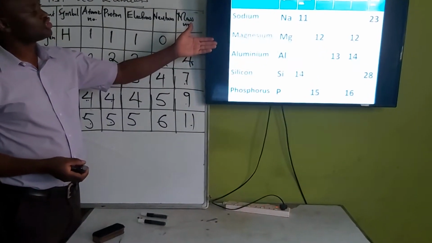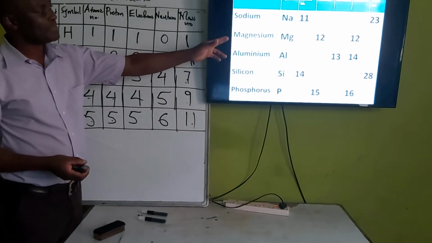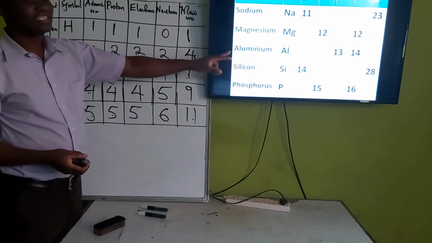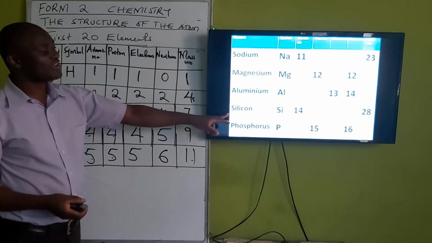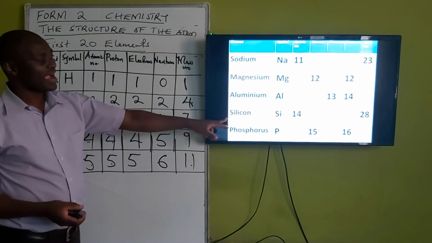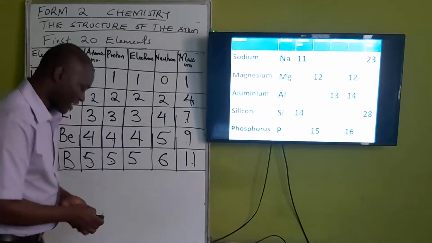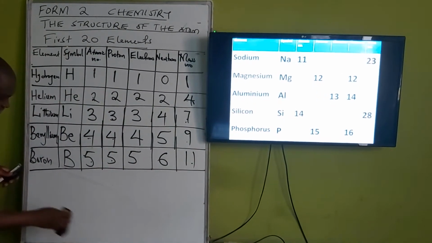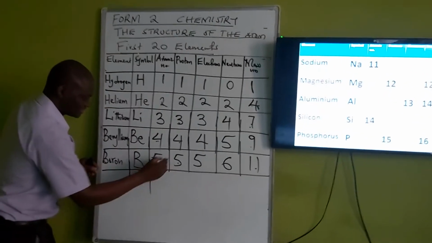Then on this page, you can fill in sodium, which is number 11, magnesium number 12, aluminium number 13, silicon number 14, phosphorus number 15. Okay, let me give you an example of phosphorus.